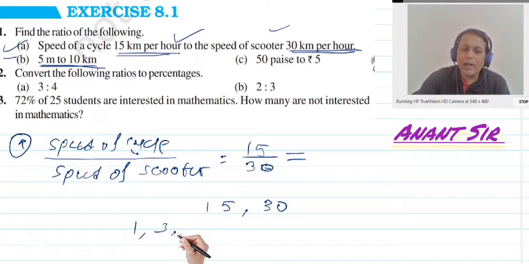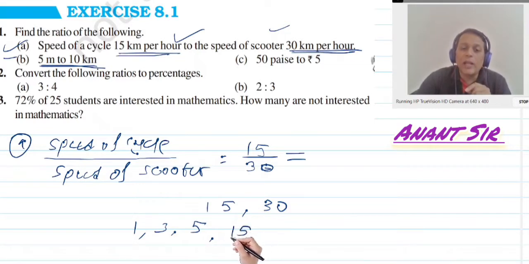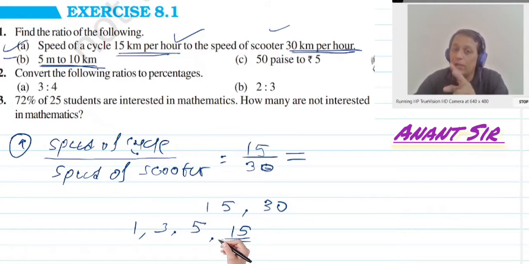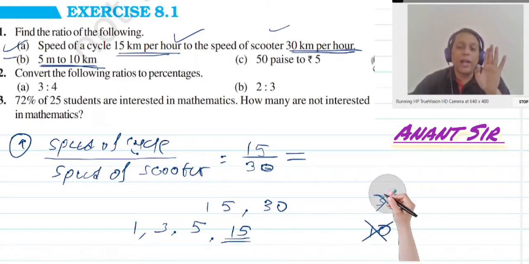Then 3 will divide 15 and 30. 5 will also divide both. Now the last number, 15, will also divide both. There is no other number which will divide both. 10 can divide only 30, and 30 can divide only 30. So these are the four numbers which divide both.